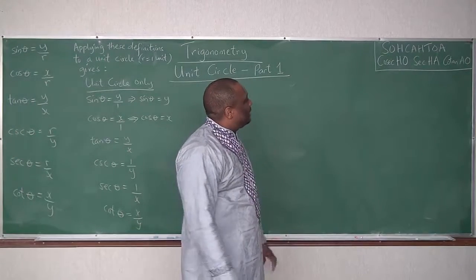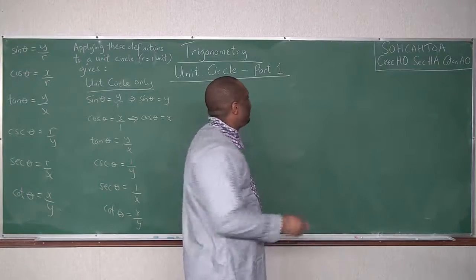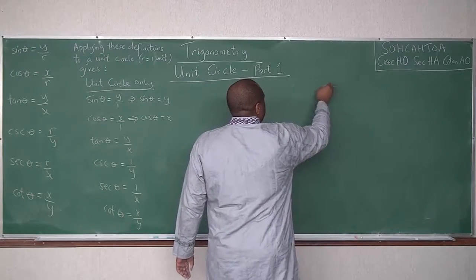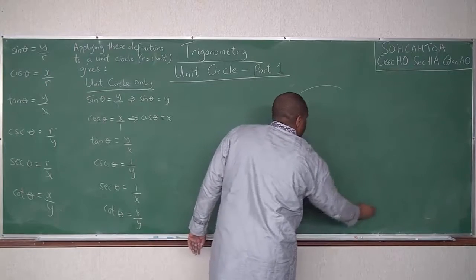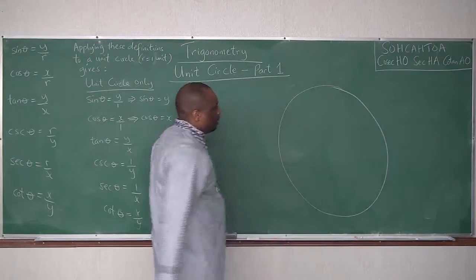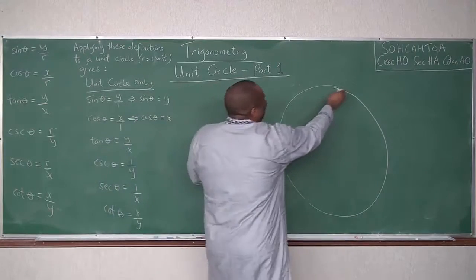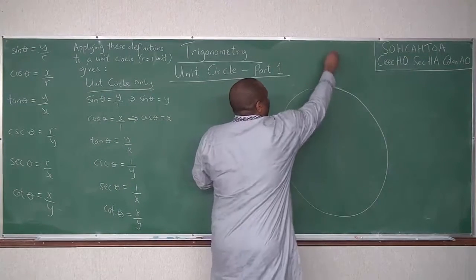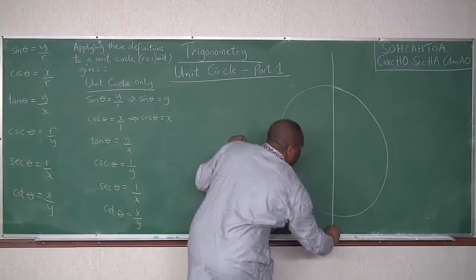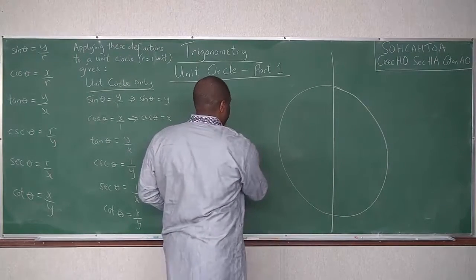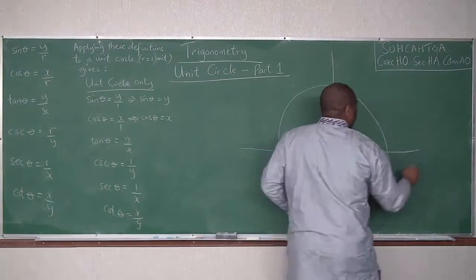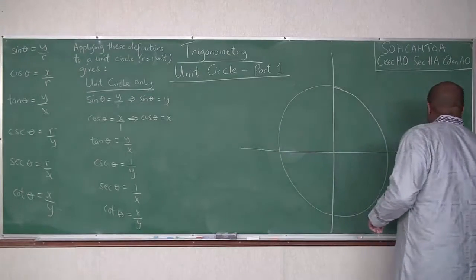So now, let us draw a circle. You know, this is freehand. Alright, I'm going to divide this circle into 4 quadrants. Now, like I said, we will start with our quadrantal angles.